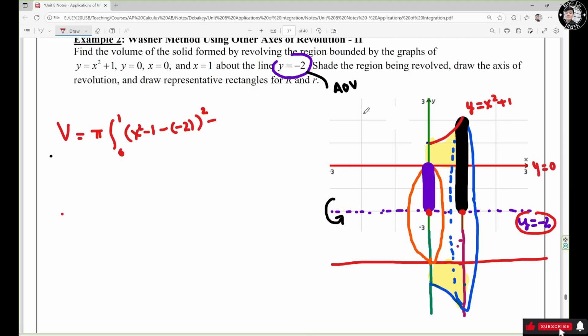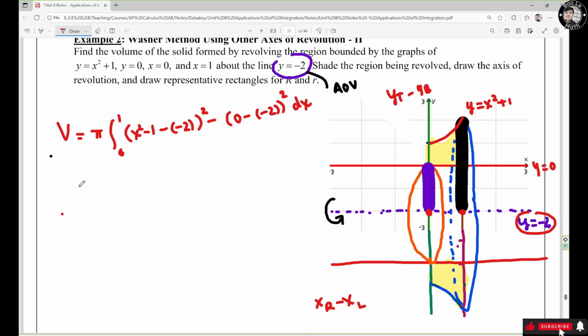Remember, y top subtract y bottom when it comes to the horizontal axis of revolution, and s right subtract s left when it comes to the vertical axis of revolution. So this guy turns out to be 0 minus negative 2 altogether squared ds.